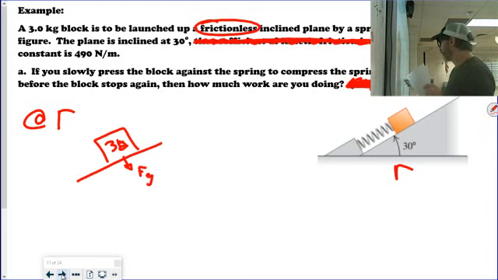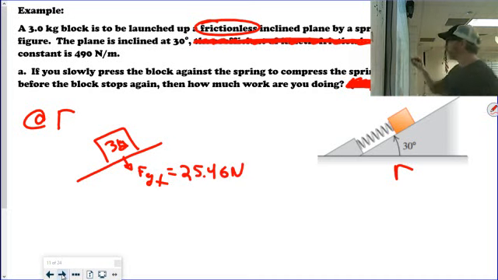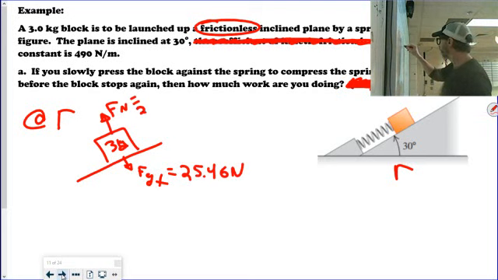There's a perpendicular component of gravity, which, if you calculate it, turns out to be a number that I've written on this page over here. We don't actually need it till later. It turns out to be 25.46 newtons. Which means that we're going to have a normal force, which is equal but opposite, 25.46 newtons. Some of you are yelling at me about the signs.